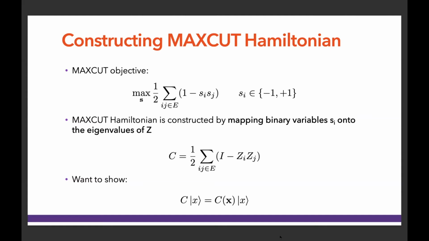So essentially, what we want to show is that we can simply map binary variables onto the eigenvalues of Pauli Z. Specifically, we want to show that it does indeed correctly represent our objective function on qubits. So we want to show that C acting on ket X equals C of X times ket X.